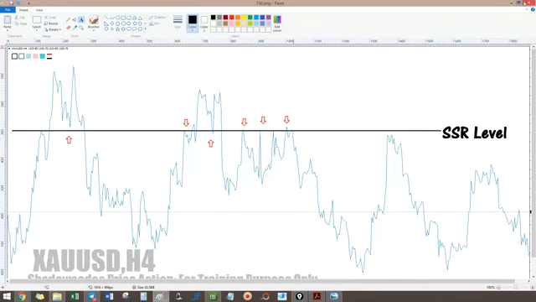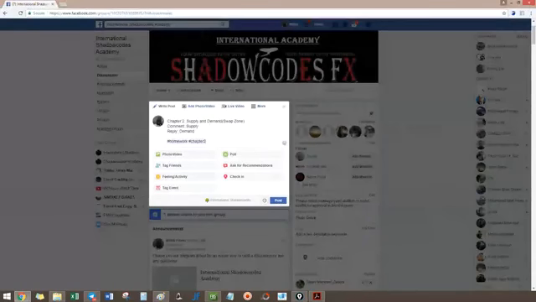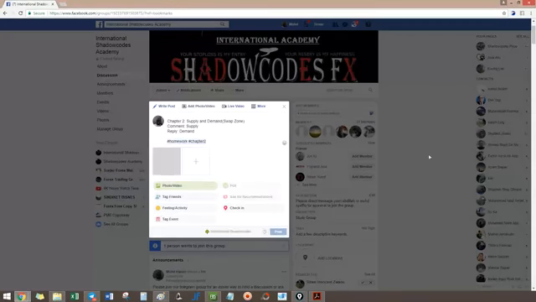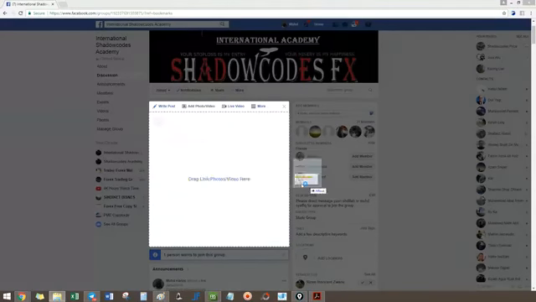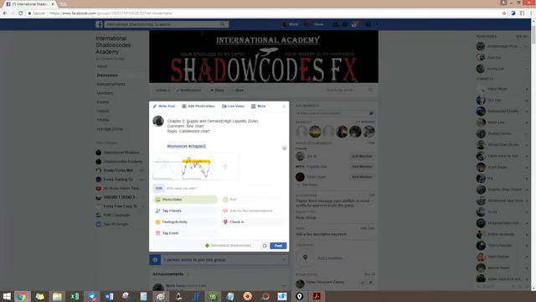Right, this is our SSR level. Save as picture. Then the high liquidity zone. Comment, line chart. Reply, candlestick. Post it.